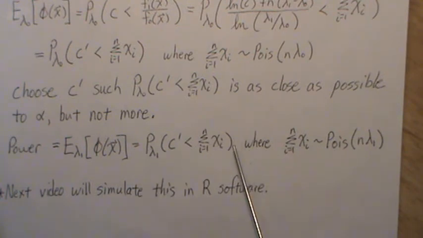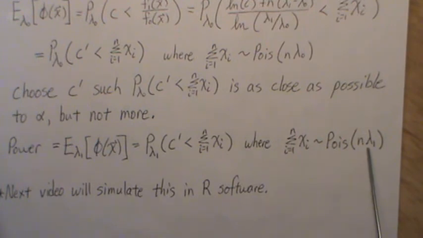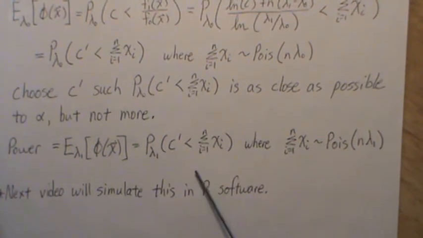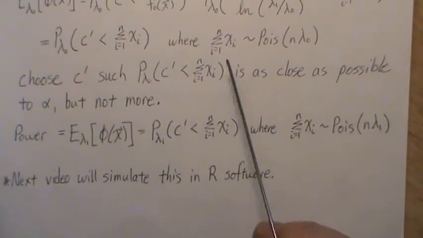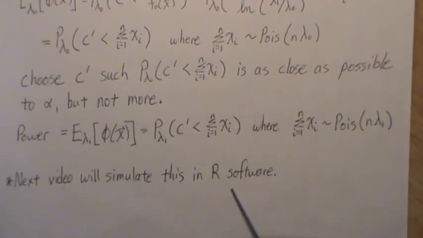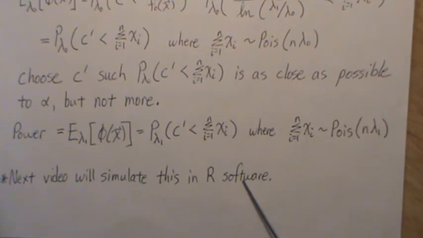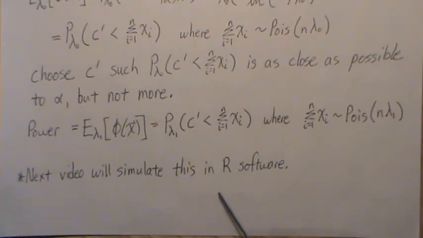Note that if the alternative is true, this sum becomes Poisson distributed with parameter n times lambda 1. And that's how you would find power. Just plug it into the R software. Again, we're going to illustrate this example with the R software, and that's going to be the next video that I put out.